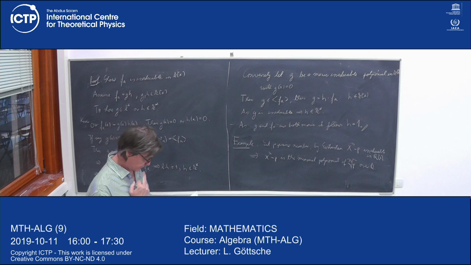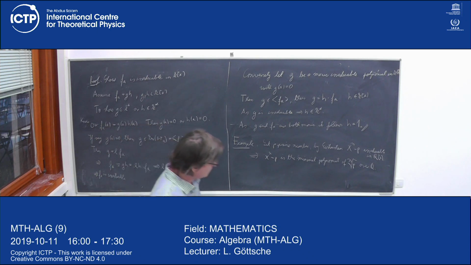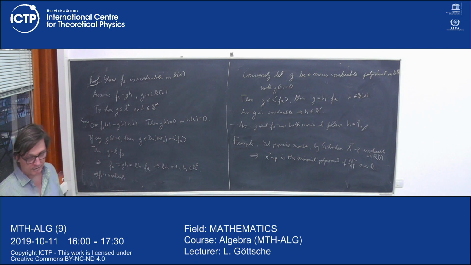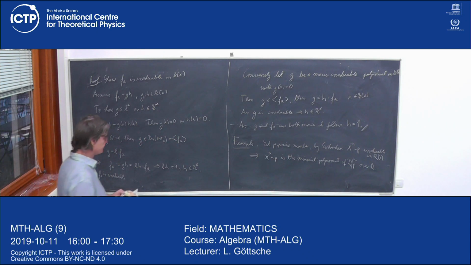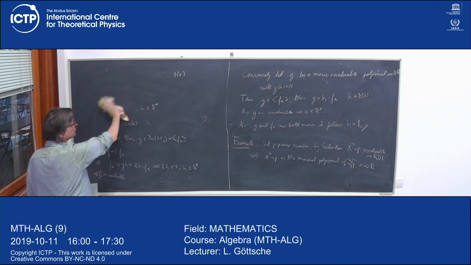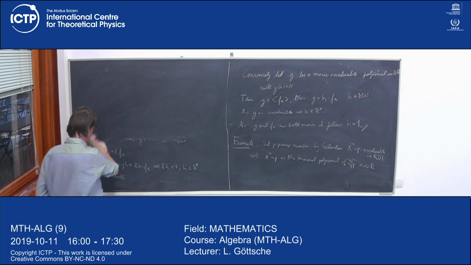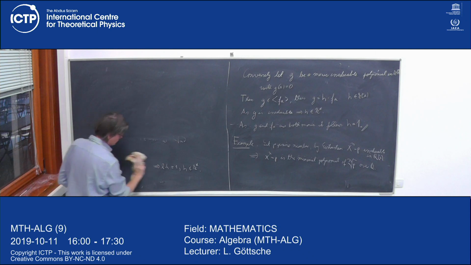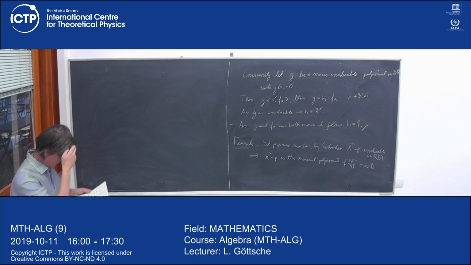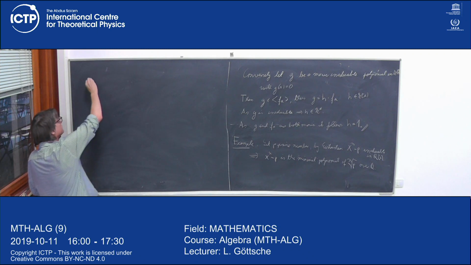Now let me see, I have only 5 minutes, so at least I can state the next theorem. So now I want to use this minimal polynomial to describe the field extension explicitly. And it's a quite simple fact, so this is the theorem.